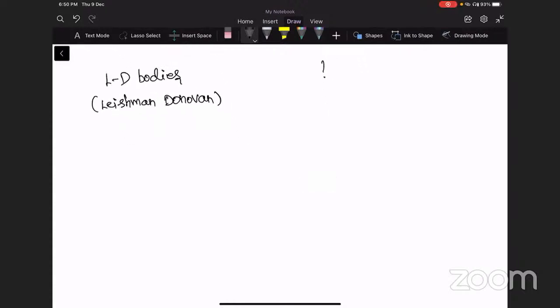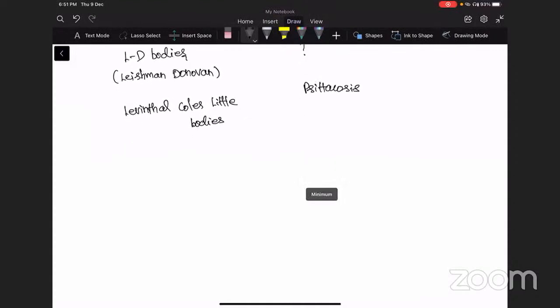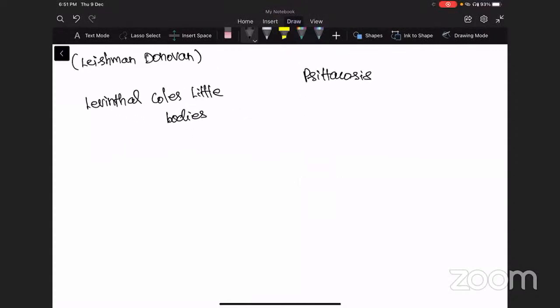Yes. Which disease? Levinthal-Cole-Lillie bodies seen with psittacosis caused by chlamydia. Lewy bodies seen with Parkinsonism.